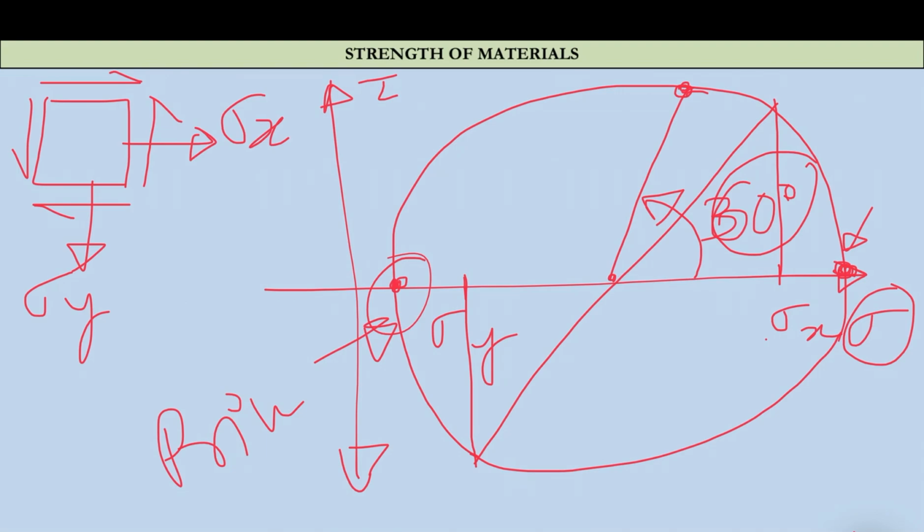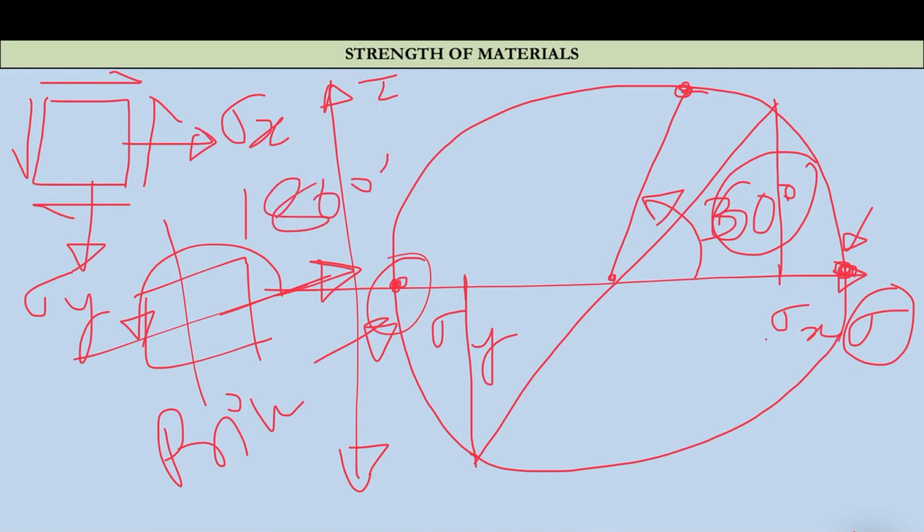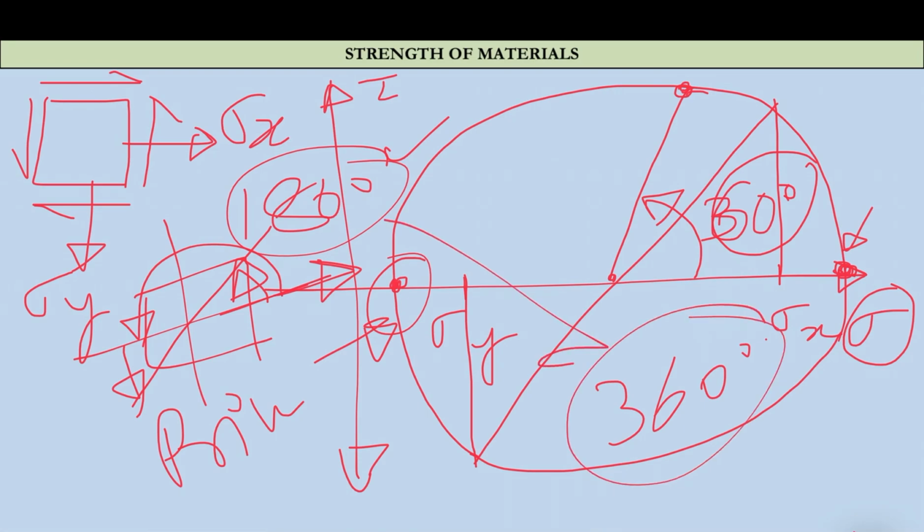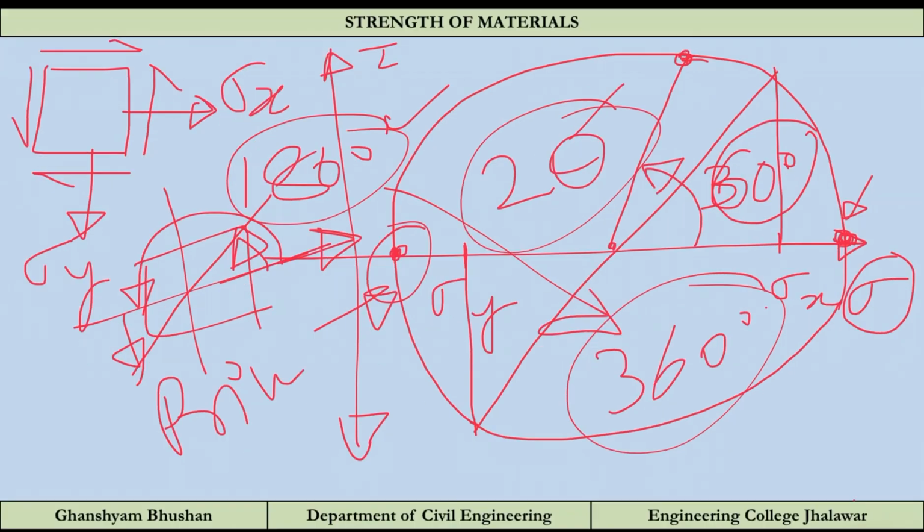Because in the 2D body, from 0 to 180 degrees you have completed all the points on the body. Why? Because as we move beyond 180 degrees, this is the plane we have already covered. But on the circle there are 360 degrees. So what can be the relation here? Only 2 theta. So theta on the body will become 2 theta on the Mohr circle.